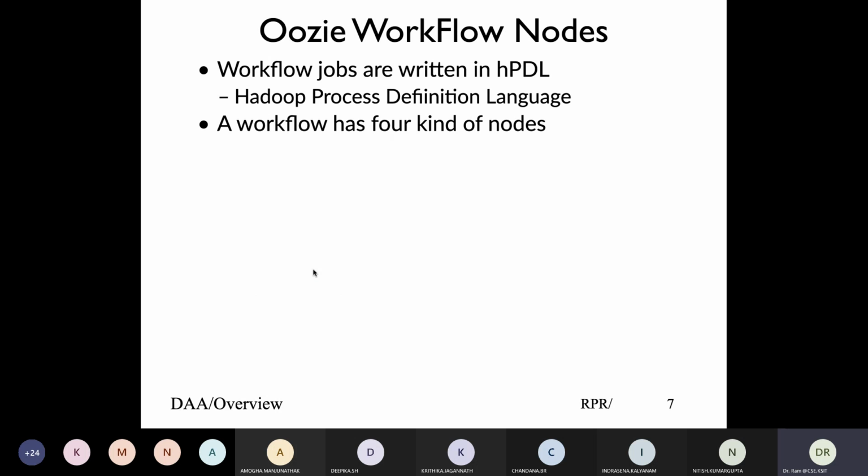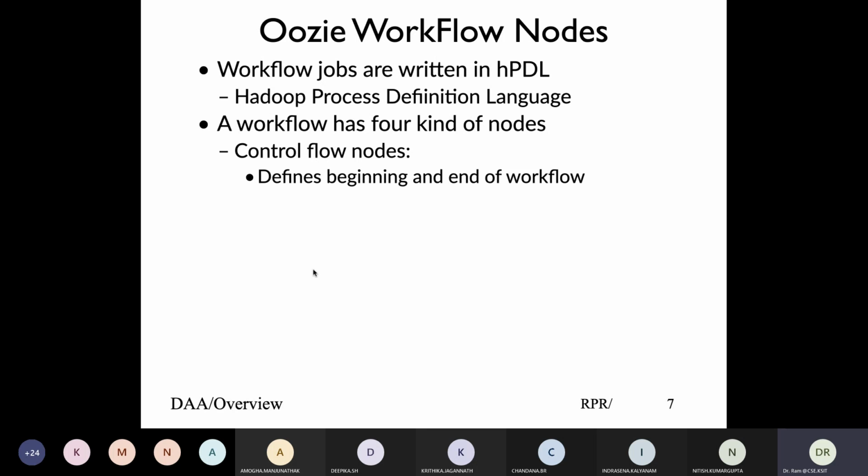So basically you work with 4 kinds of nodes. The book indicates 4 kinds, and the book's fourth node is a typo error. It again says control flow. So the first is called control flow nodes, which basically indicate start and failure, what is to be done. So they only indicate that part.